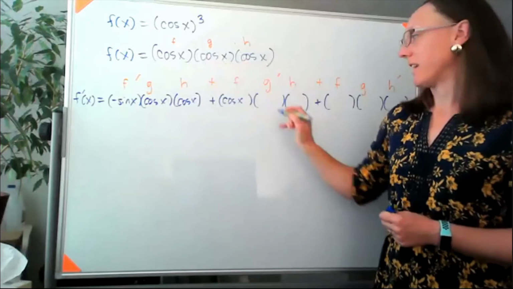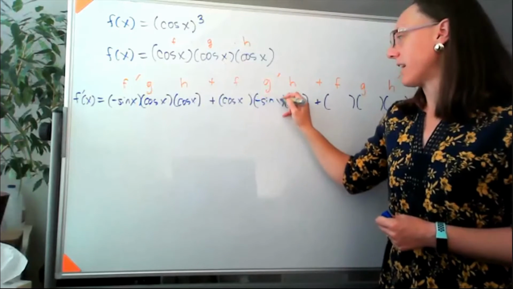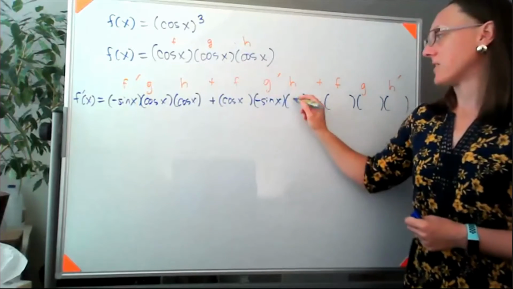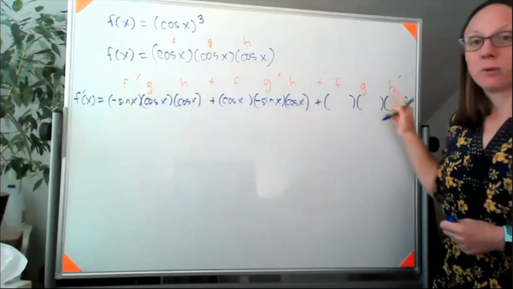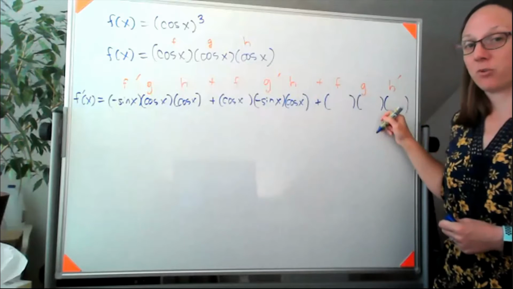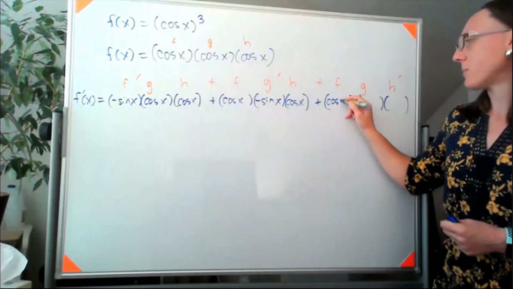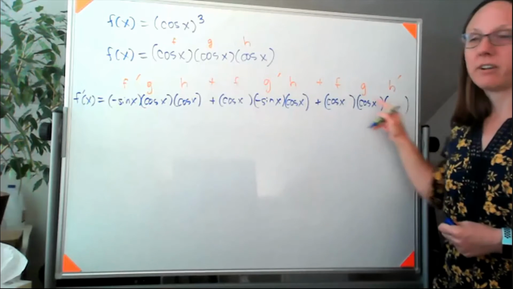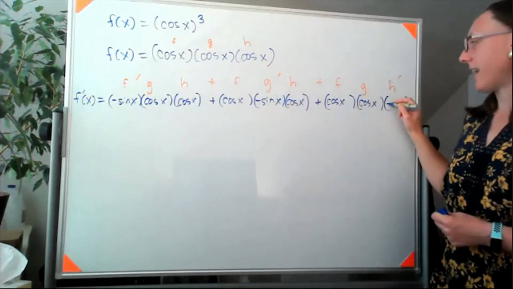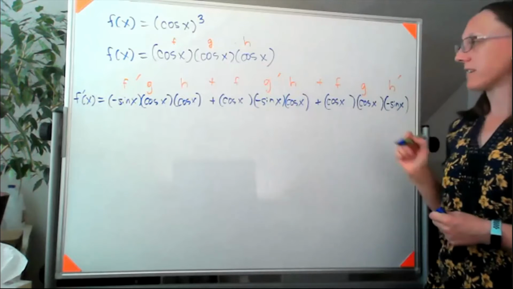Derivative of cosine of x is negative sine of x, and leave the last piece alone, cosine of x. On my third term, it's the third piece that I take the derivative of. So I'll leave the first piece as a cosine, the second piece as a cosine, and when we take the derivative of that third piece, we get negative sine of x.